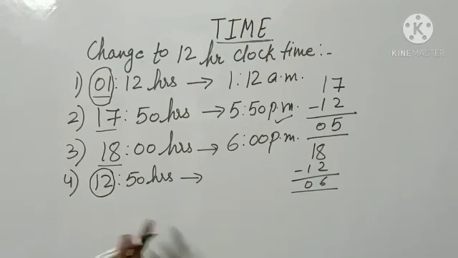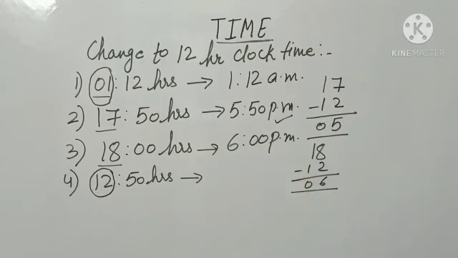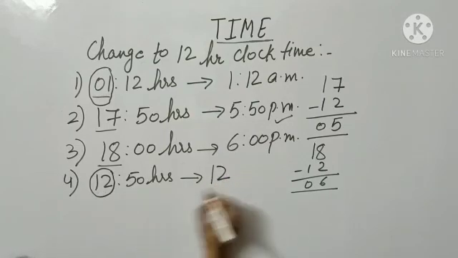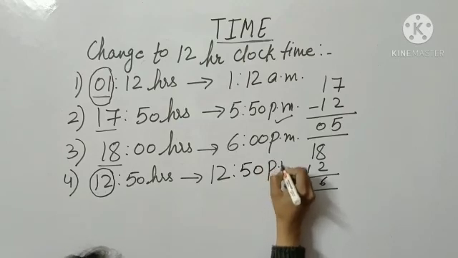And I told you that from 12 noon to 12:59, in both the clocks we write the time in the same way. The only difference is that we write PM here, and in 24-hour clock time we don't write AM or PM. That means we will not subtract anything from the hours. So we will write the same time, that is 12:50, and I know very well that this is PM. How do I come to know?